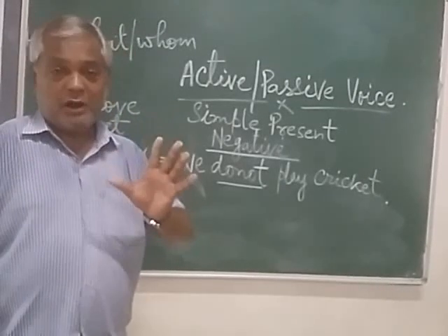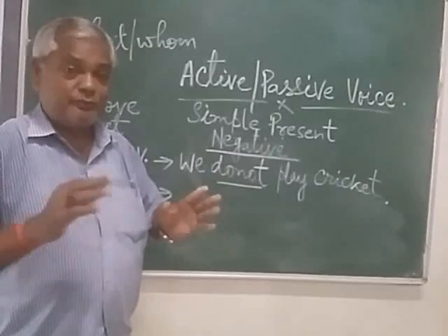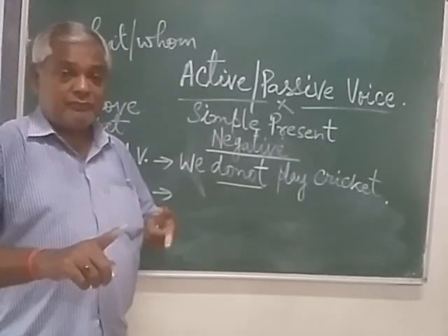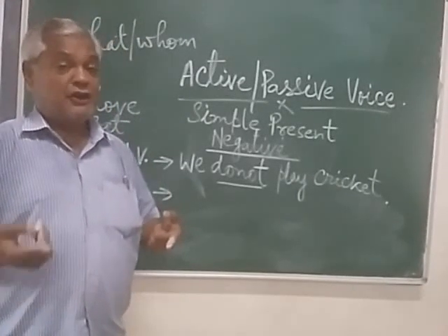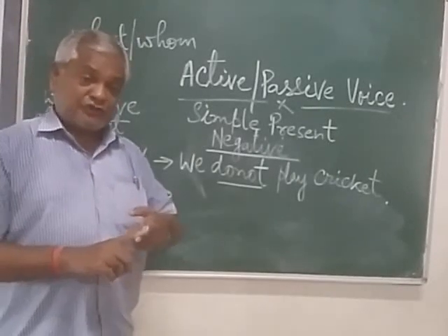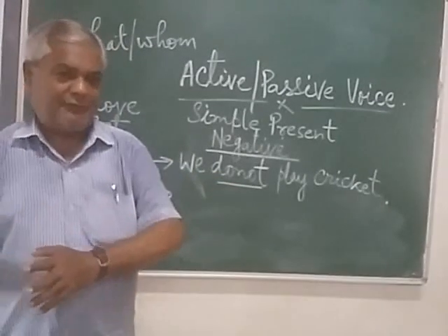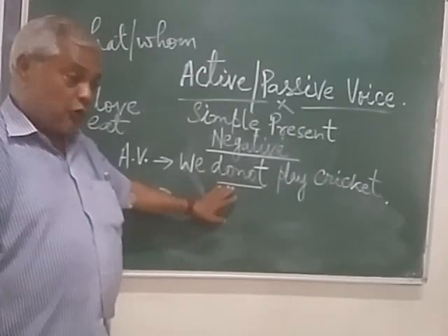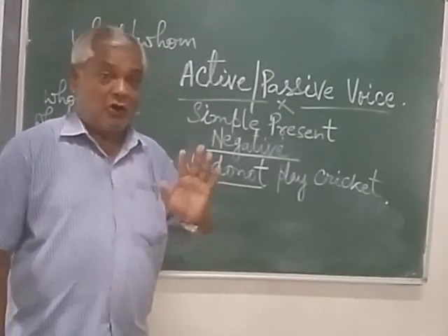For that formula, just after the helping verb like is/am/are, the word not should be applied, so that it becomes a negative sentence of the passive voice. Because the structure of tense is different and the structure of passive voice is also different. So if somebody writes the same helping verb, do not, over here, this is absolutely wrong.